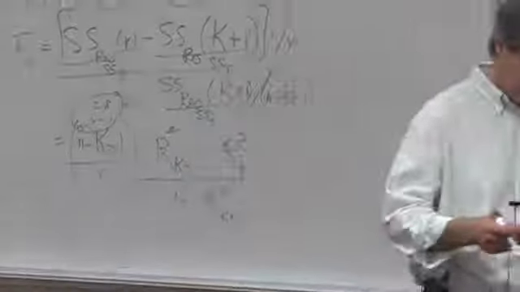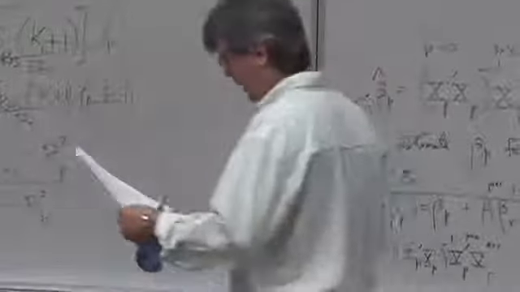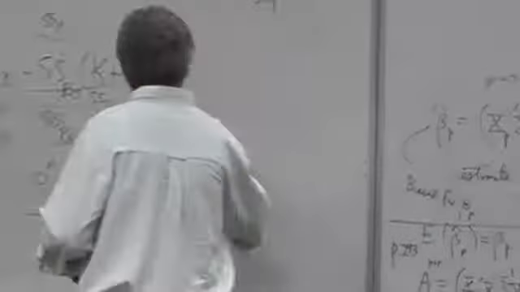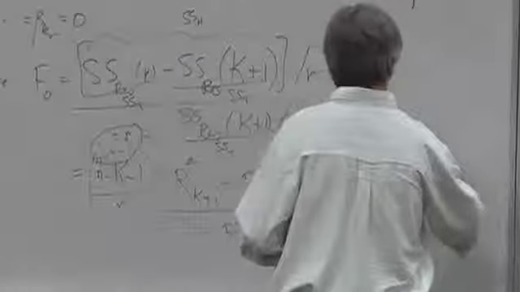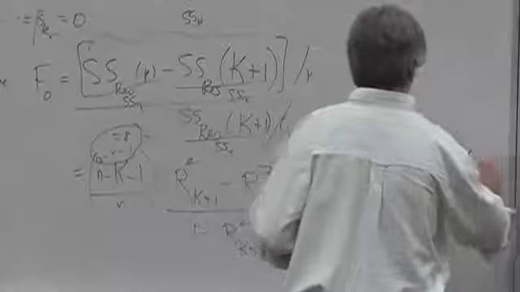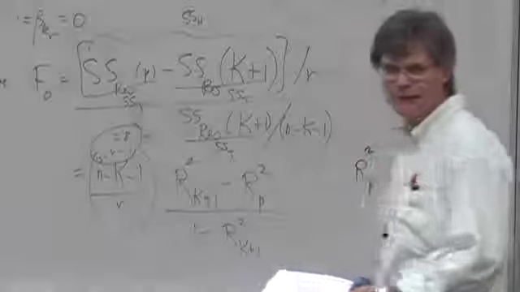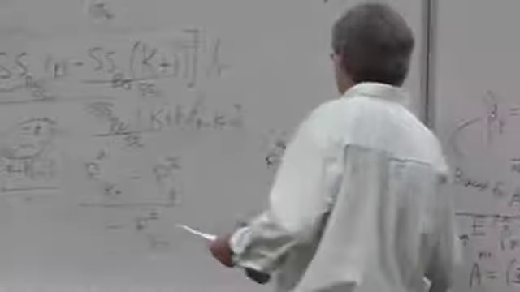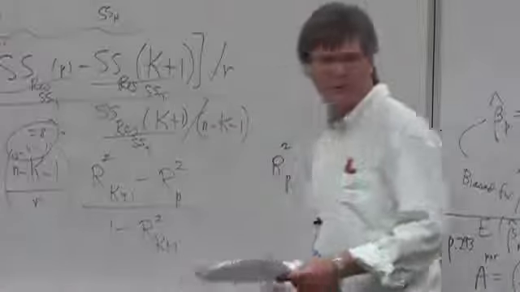So R squared P is adequate at, let's say, the 5% level. Alpha is the traditional level, 5% or 10%, what have you.